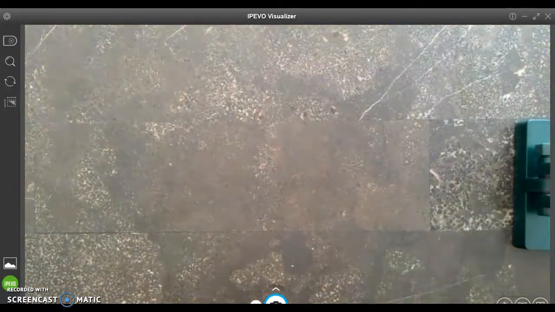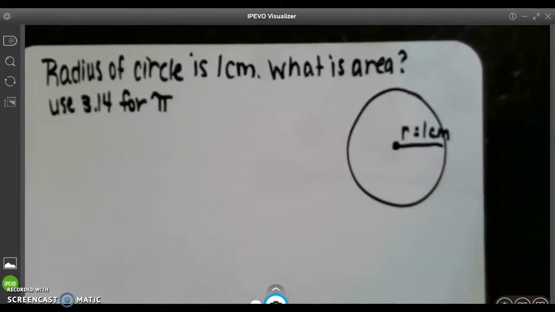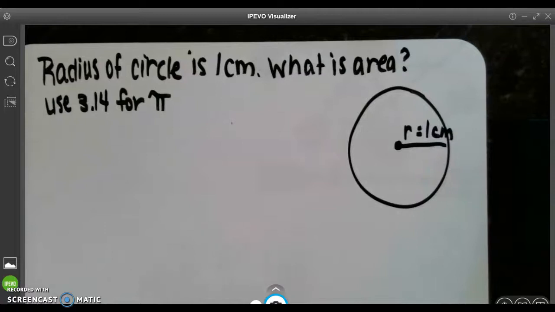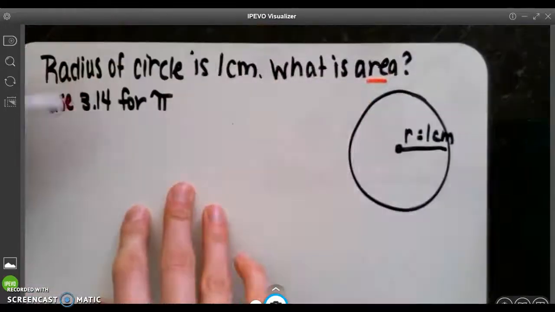So now I'm going to show you some problems that will be similar to what you're going to see. The radius of a circle is 1 centimeter. What is the area? Use 3.14 for pi. So IXL is going to be really picky about your answer. So if we're looking for area, we need to use this formula.